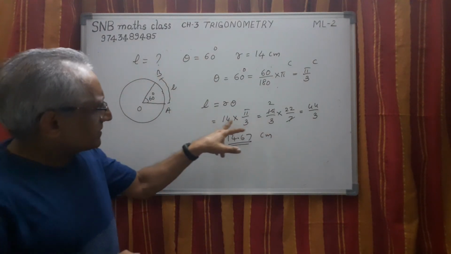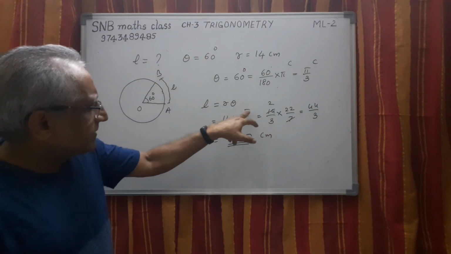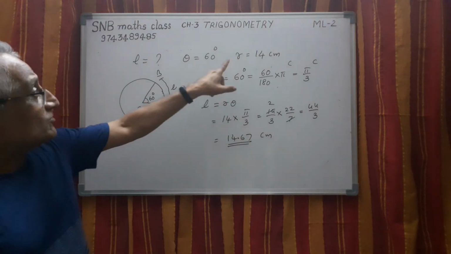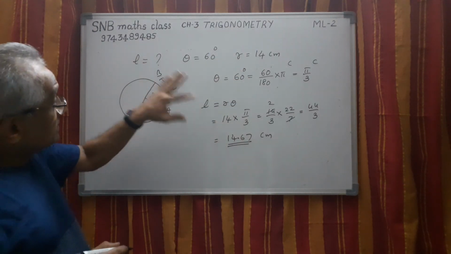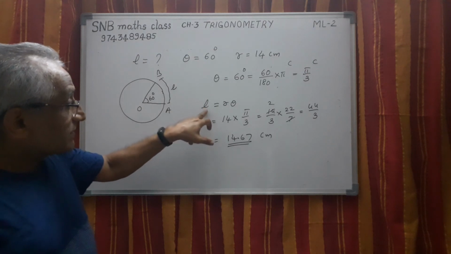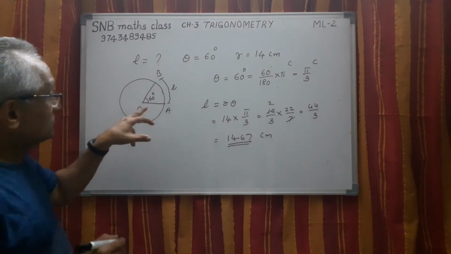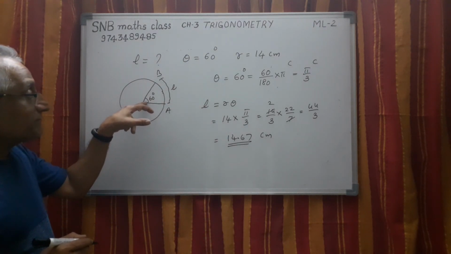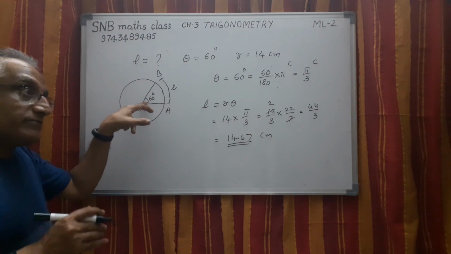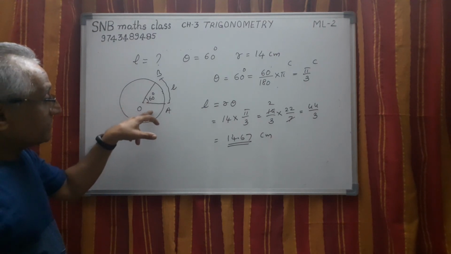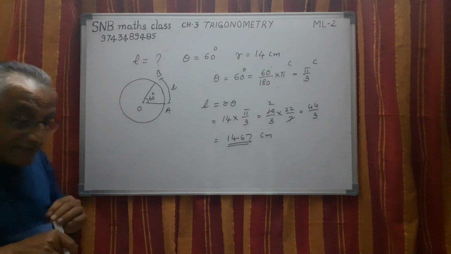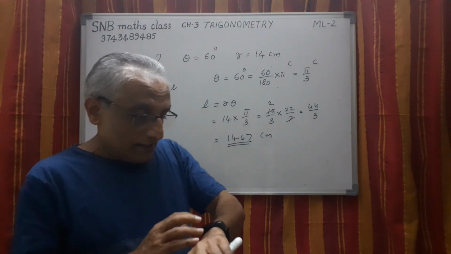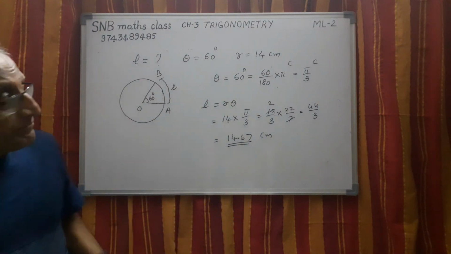You can write the answer like this only, 14 pi divided by 3 centimeter. But you should know that it is centimeter. So this is the way we can find the arc length. Similarly, we can also find the angle subtended here in terms of radian or in terms of degree, whatever is required. If radius and L are given, this type of question let us do in the supplementary lesson.